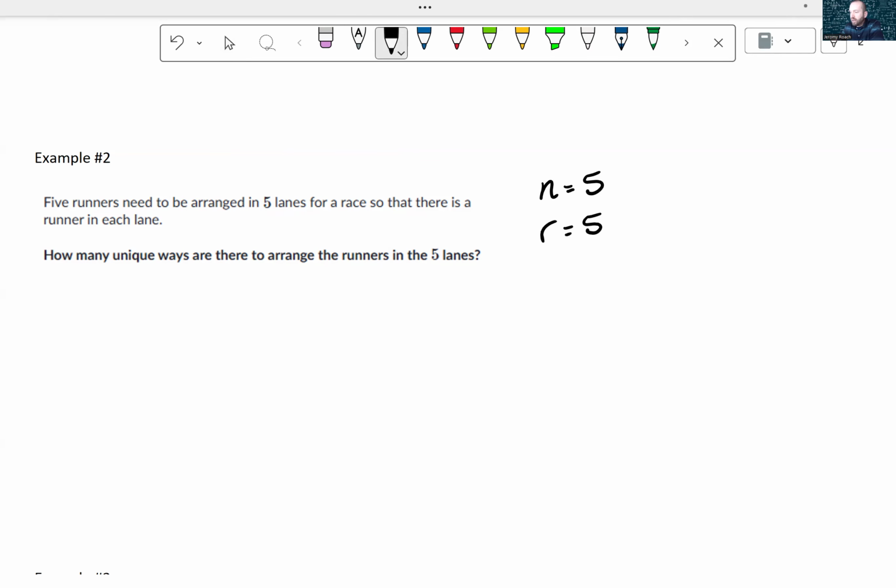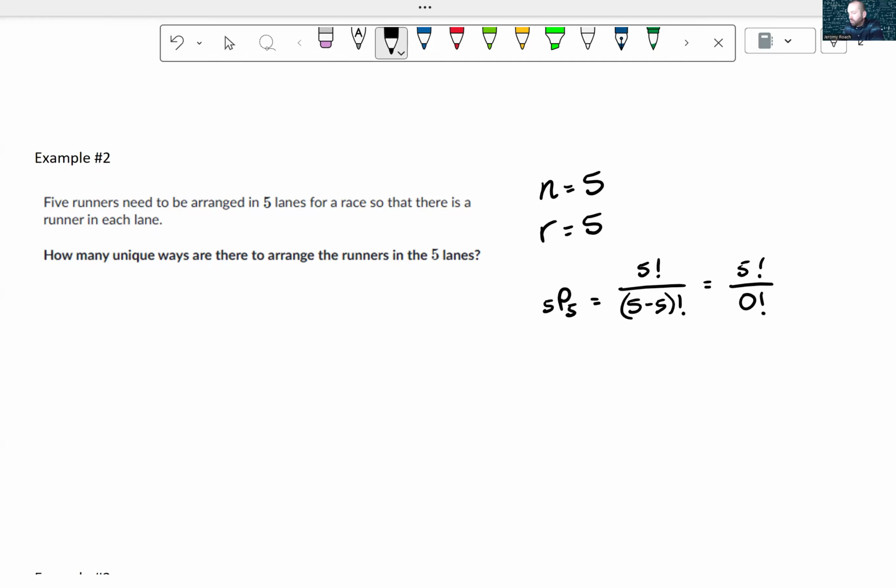So in this case, n is 5 and r is 5. So we would write this 5P5, and if we use our formula again, n factorial is 5 factorial over 5 minus 5 factorial. That equals 5 factorial over 0 factorial.